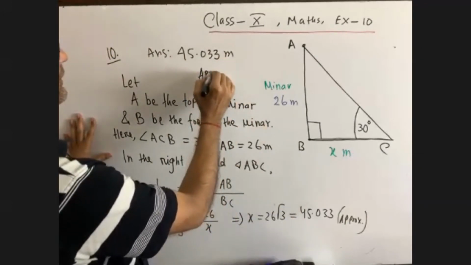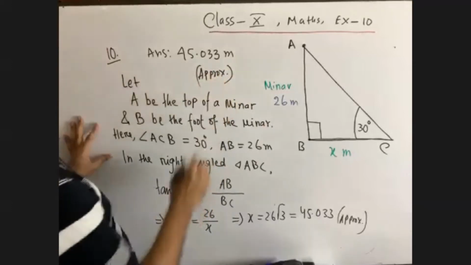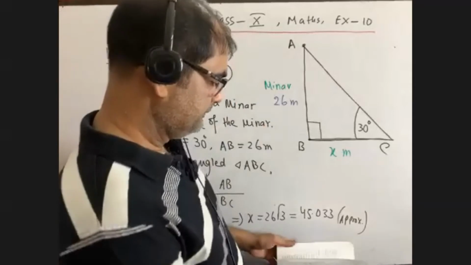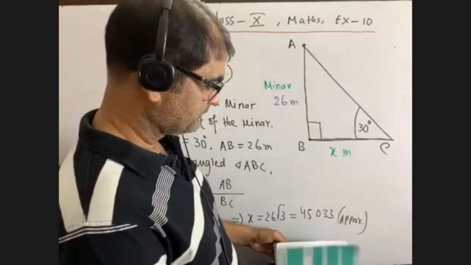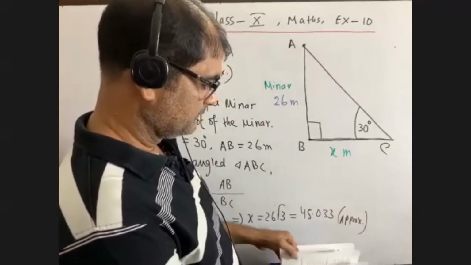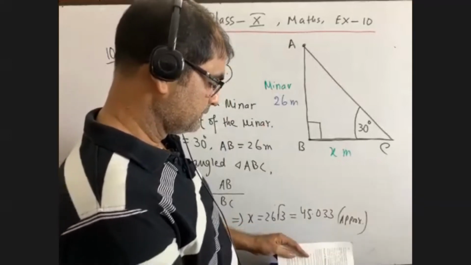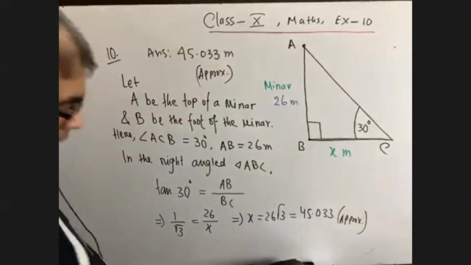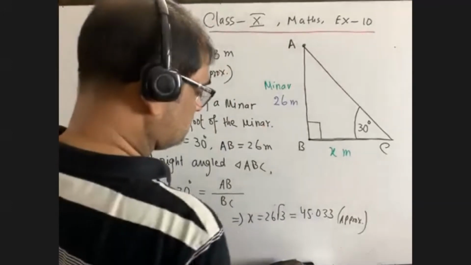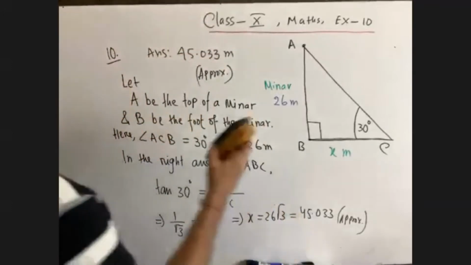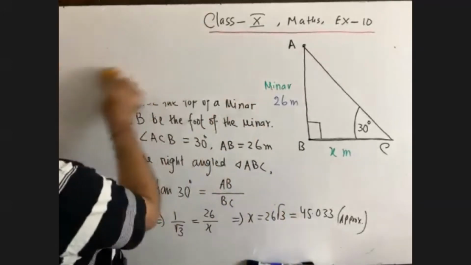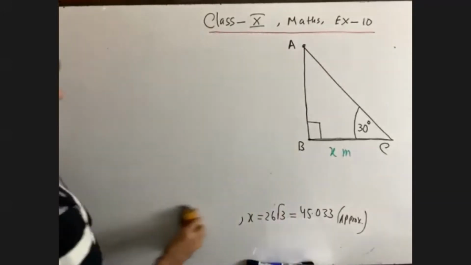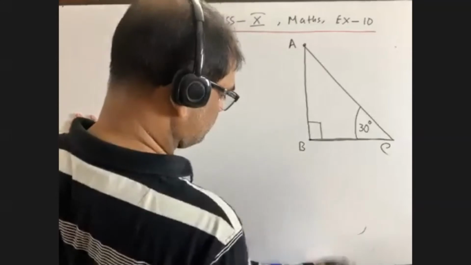Approximately. Talk to me, all of you. Yes, we are right to write down up to 3 dp. So maths are really very, very easy.